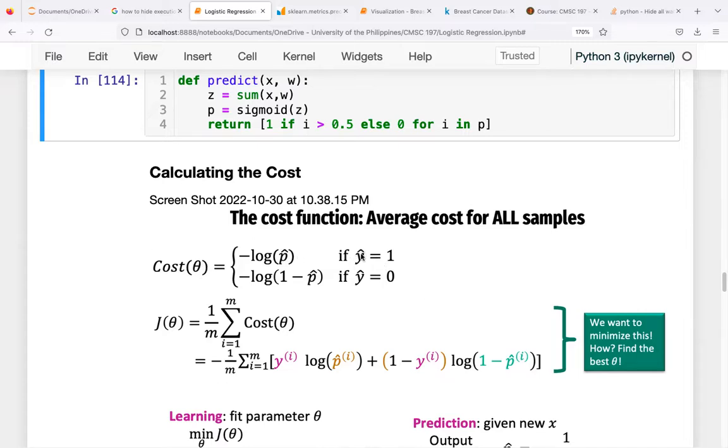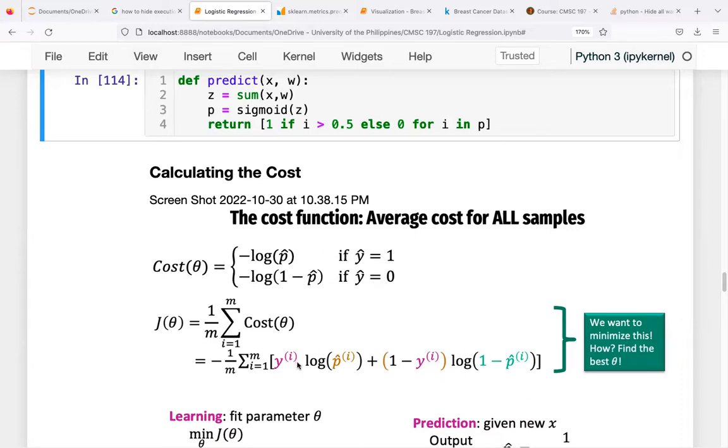Then the cost is negative log of p. But if the predicted y is equal to 0, then the cost is negative log of 1 minus p. Okay, and we can represent this in only one equation given by this one.